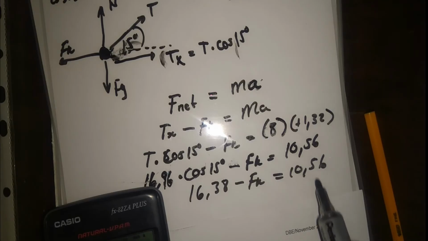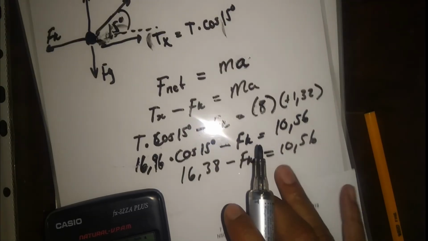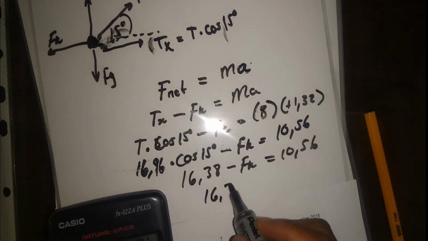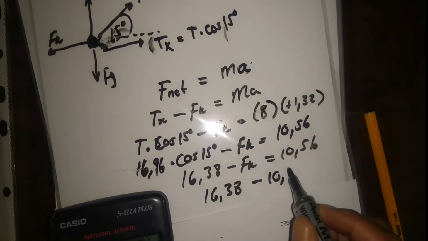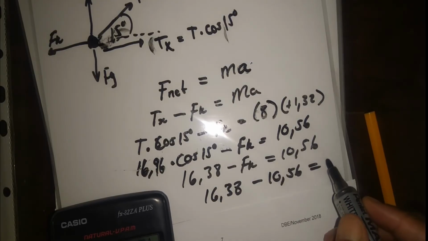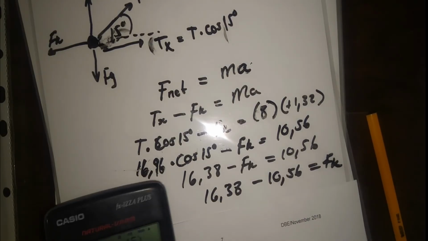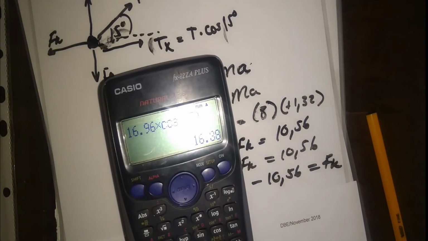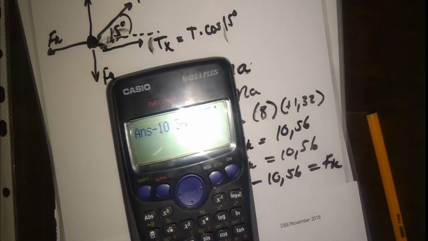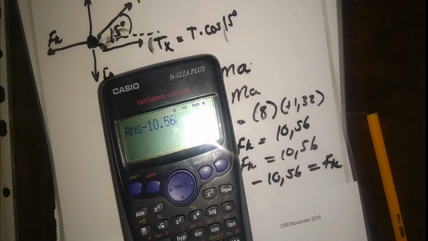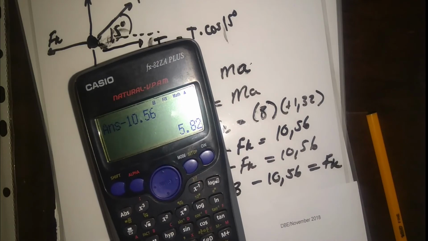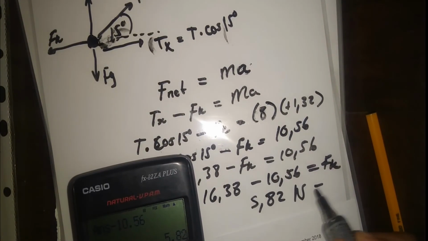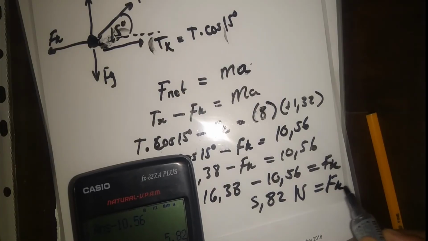Now I transpose, I bring this one here, because I want this one to be positive, that's why I move it to the other side. Minus 10,56 equal to Fk. Now 16,38 minus 10,56. Sorry for the light. The answer is 5,82 Newton equal to Fk.